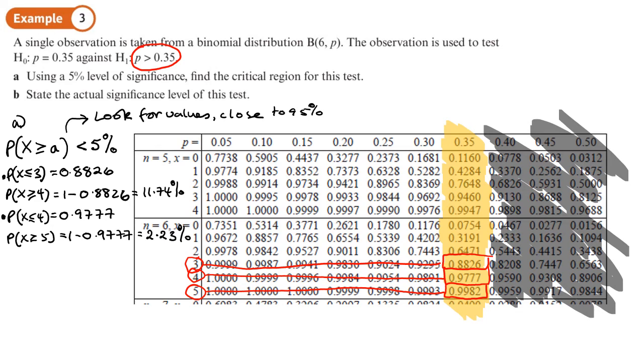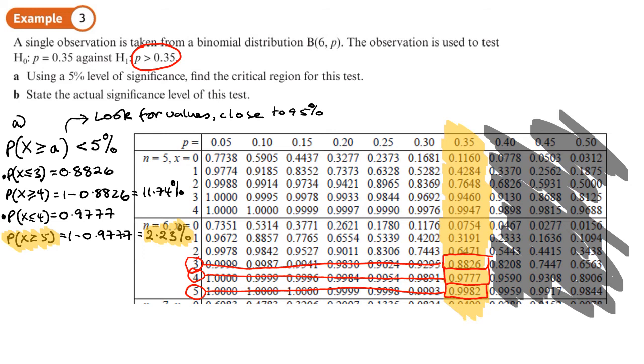So, because we're looking for the probability that's dropping below 5%, this is going to tell us when something's gone wrong. We're interested in this one here. So when we observe 5 or more in this particular question, we're suspicious.